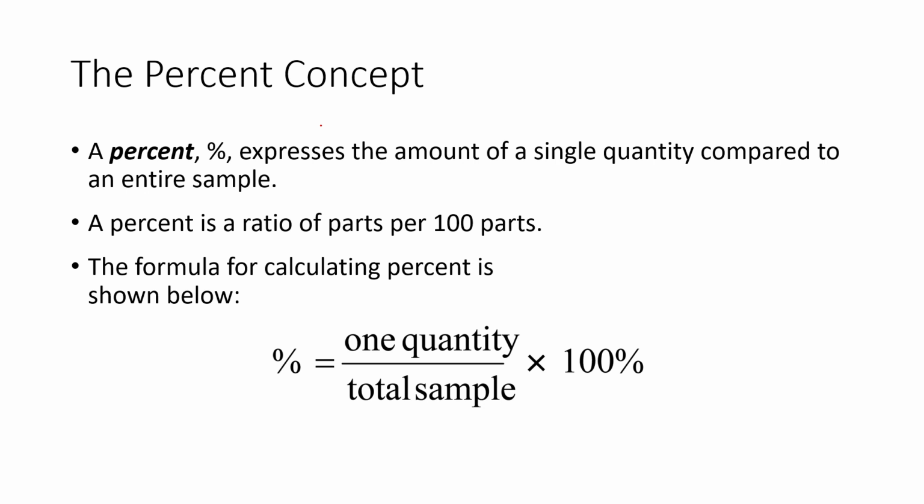In this lecture, we're going to look at the percent concept. So we know that percentages are expressed as part over whole. For example, we could just use a pizza.